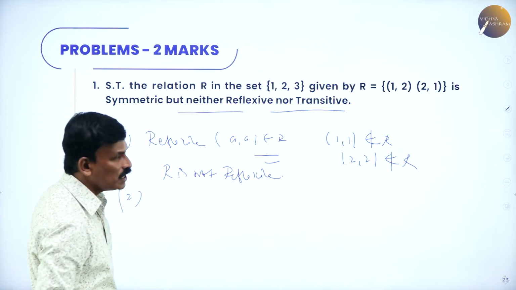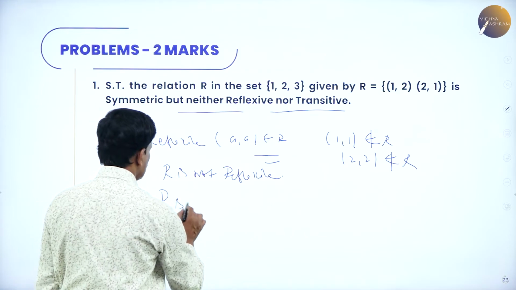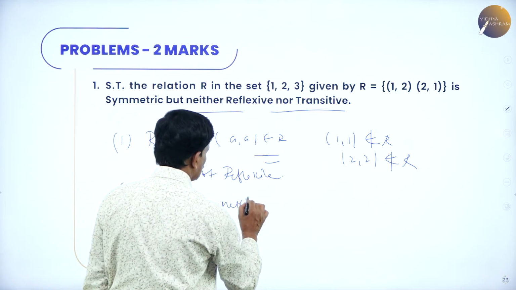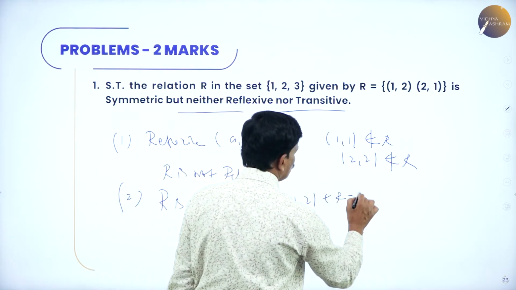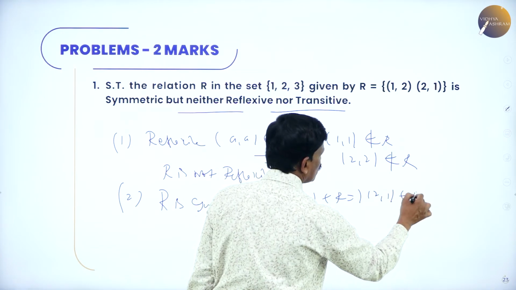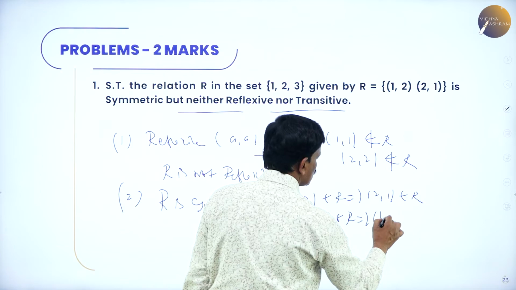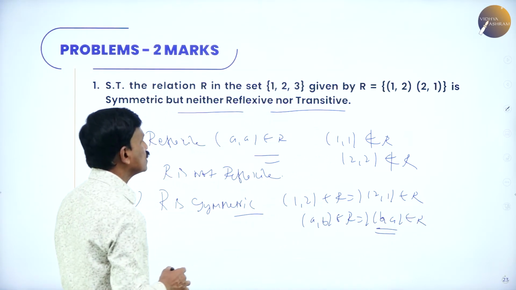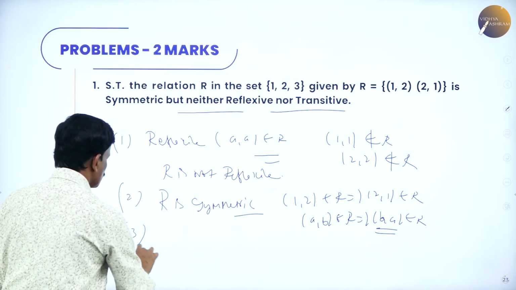Second, what is to show? R is symmetric. R is symmetric because (1,2) belongs to R implies (2,1) also belongs to R. That is, (a,b) belongs to R implies (b,a) also belongs to R. Therefore R is symmetric. And let us verify the transitive property.